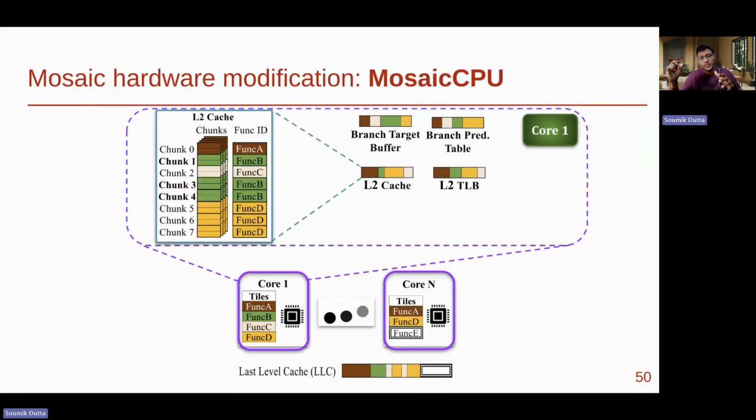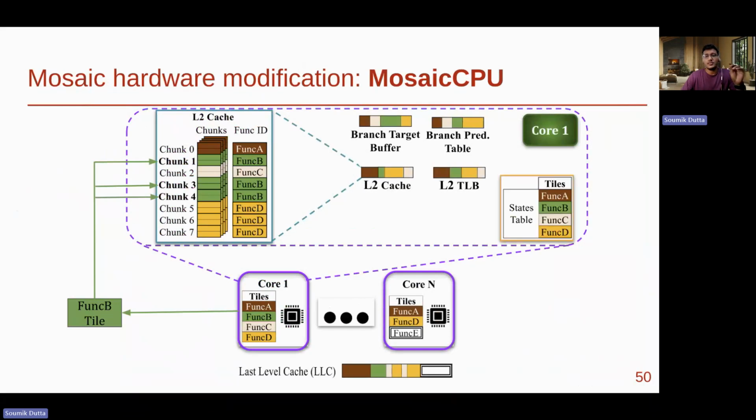If we focus on a particular L2 cache, we can see the whole L2 cache is partitioned into chunk 0 to chunk 7. Now for a particular function, let's say in core 1, function B is scheduled. Function B will have some number of chunks, that is chunk 1, chunk 3, chunk 4 here. And this mapping of a function to chunks is maintained in another hardware table called the state table.